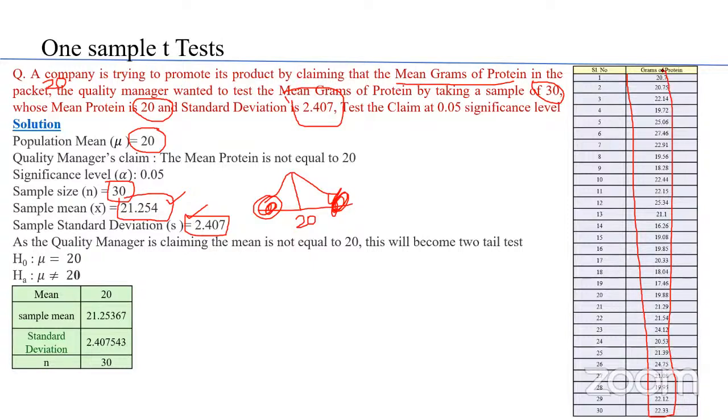And you have to find the mean value. How can you find the mean value of this data? In the question, they have not given any sample mean, but they have mentioned the standard deviation. So how will you find the mean of these 30 observations?